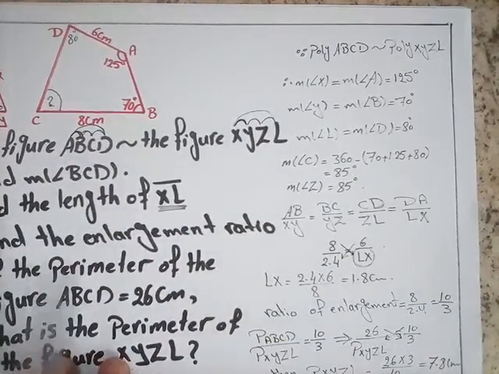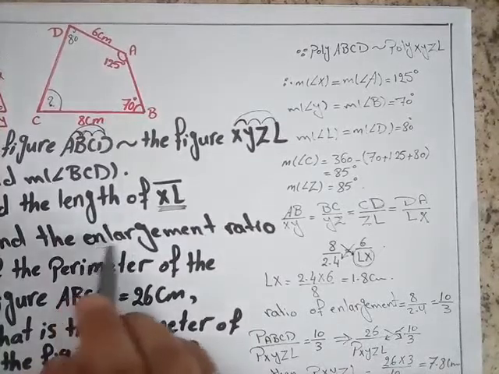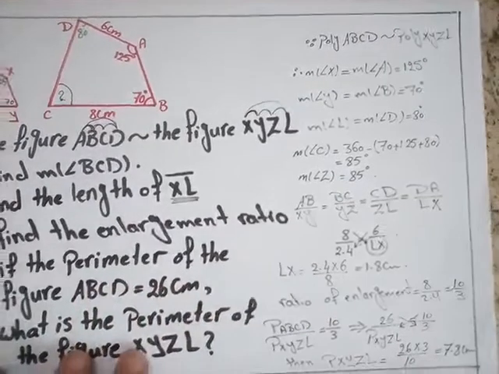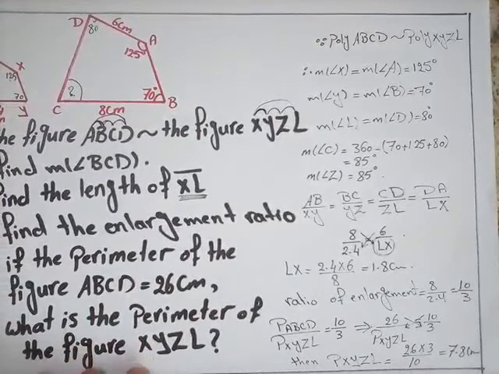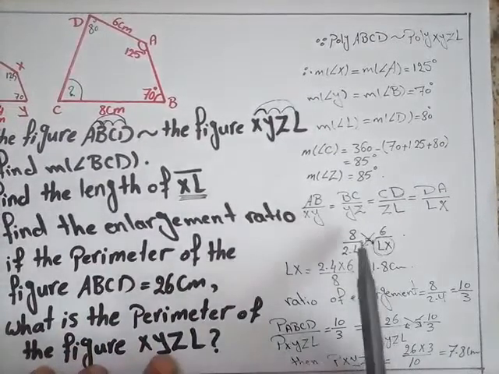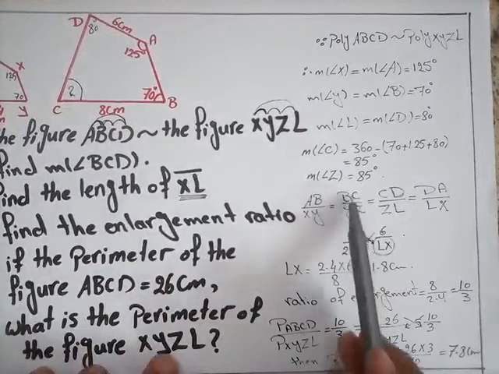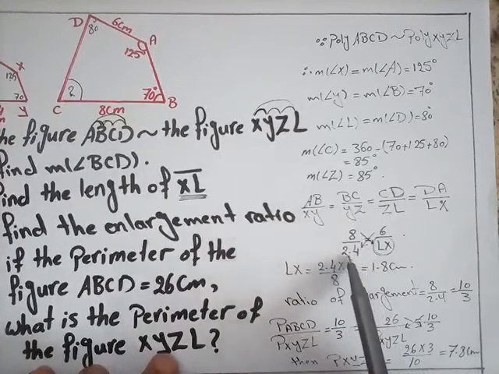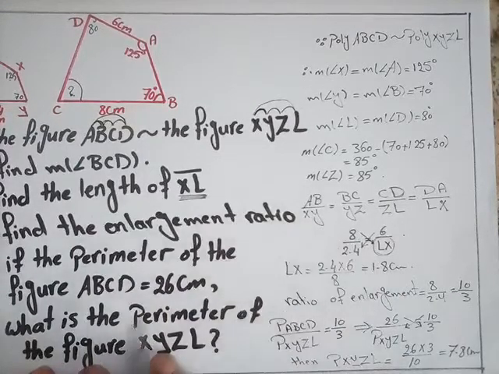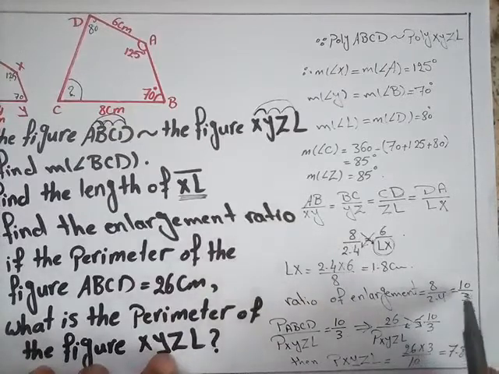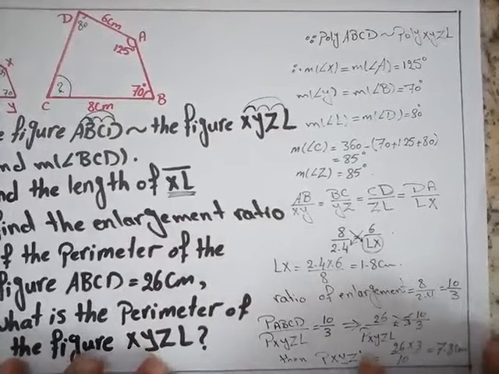Number three, find the enlargement ratio. To find the enlargement ratio, we can find the ratio between any two corresponding sides in the similar polygons. We have here the ratio BC over YZ, 8 over 2.4. When we simplify this ratio, it will be 10 over 3.